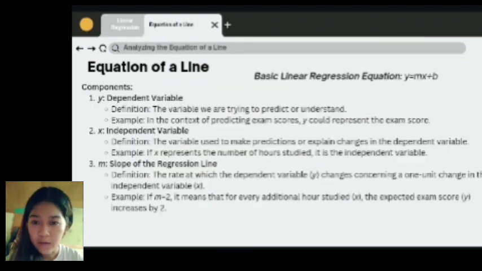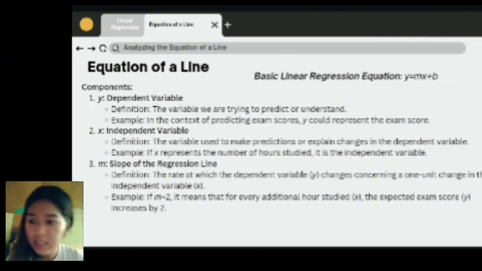Next, this is the equation of a line component. The meaning of y is the dependent variable. Definition: the variable we are trying to predict or understand. And we have the example. In the context of predicting exam scores, y could represent the exam score.